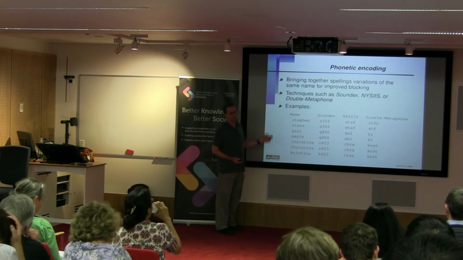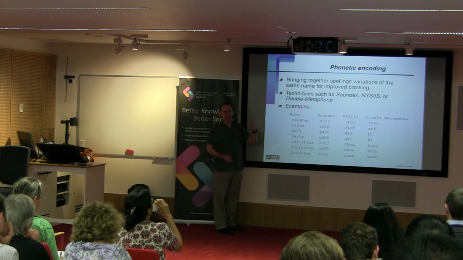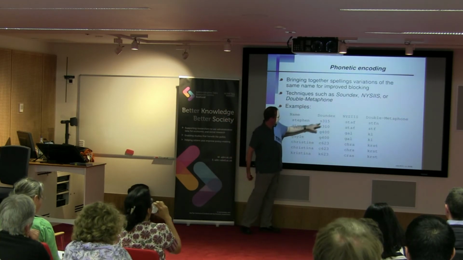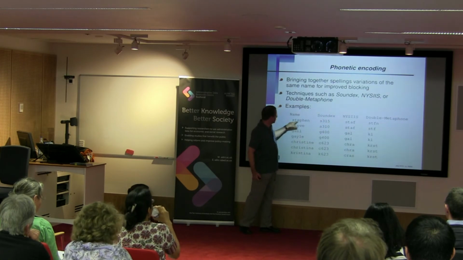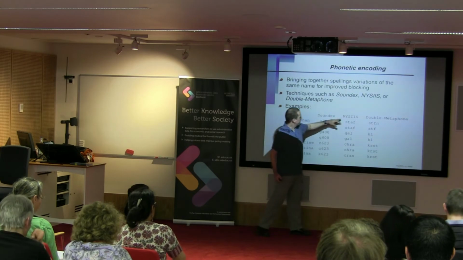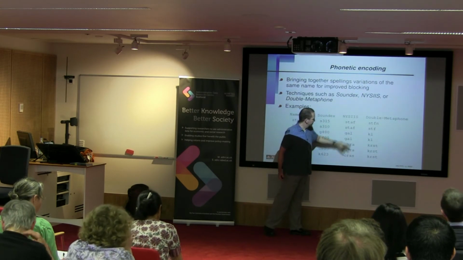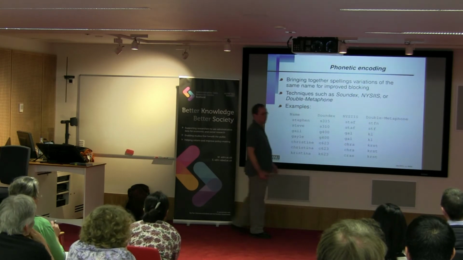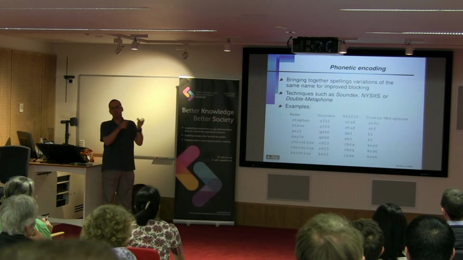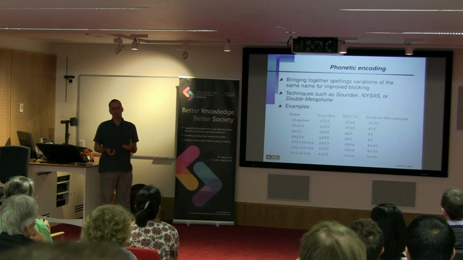So just search for Soundex, you get online examples, you can download Java code, etc. You can see that Soundex, for example, keeps the first letter and then converts the remaining letters into digits. The New York code keeps only letters, and Double Metaphone is a more recent one. They all convert a name into a much shorter code depending on how it sounds.